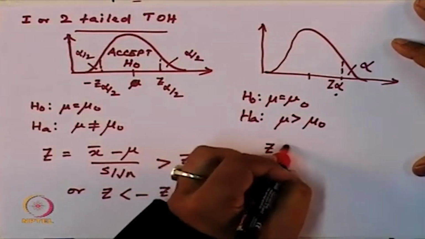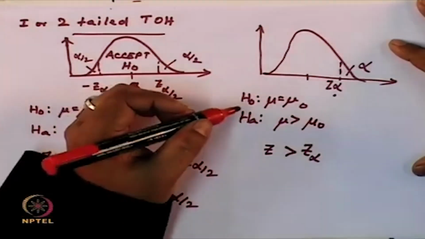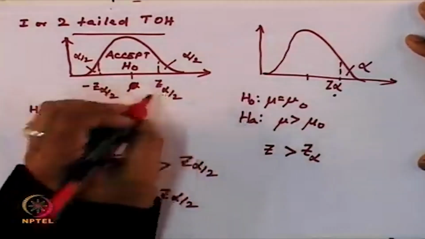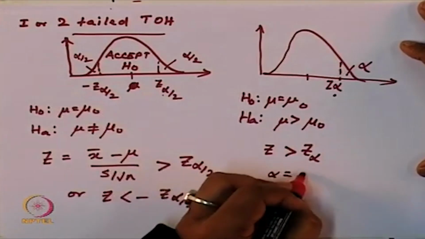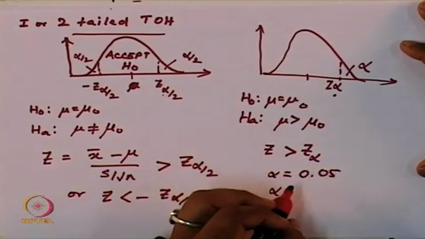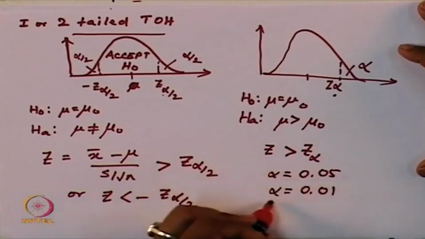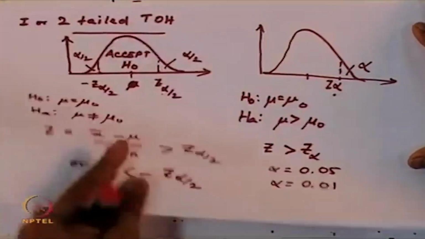If your test statistic is greater than z alpha, then you will reject your hypothesis and you can accept your alternate hypothesis. Now, alpha corresponds to the confidence level. For 5% significance you have alpha equal to 0.05, for 99% confidence level you choose alpha equal to 0.01, and so on and so forth.